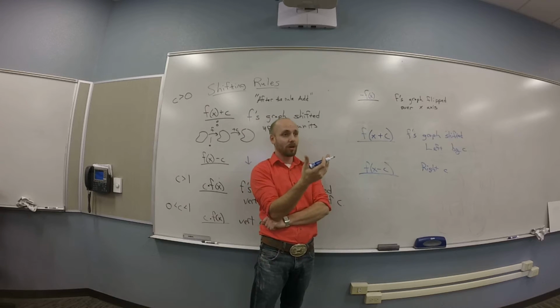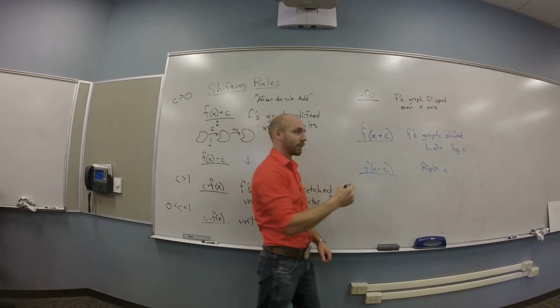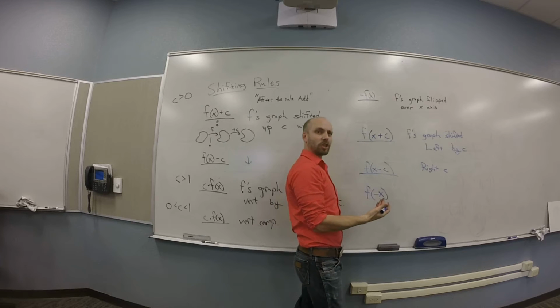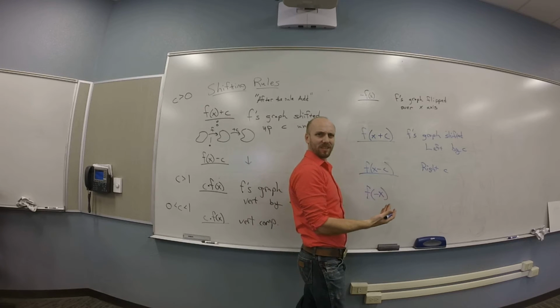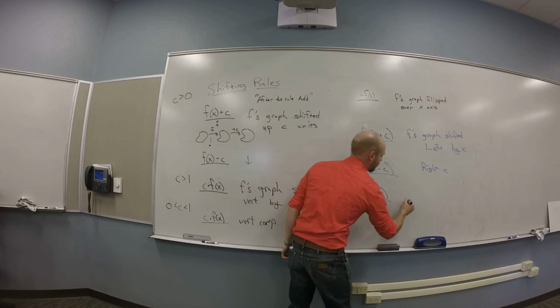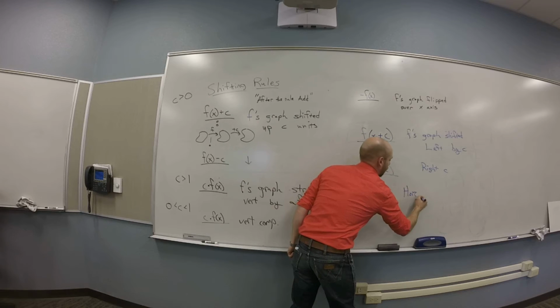How would I flip horizontally? Negative x. Yeah, I should do f of negative x, right? You guys see why that changes the input things as opposed to the output things? Okay. So f of negative x is a horizontal flip.